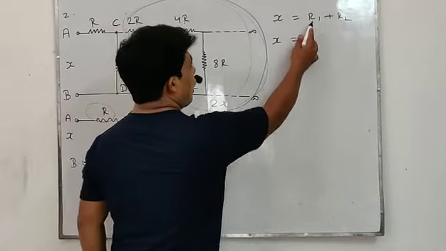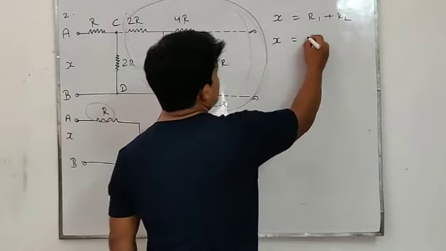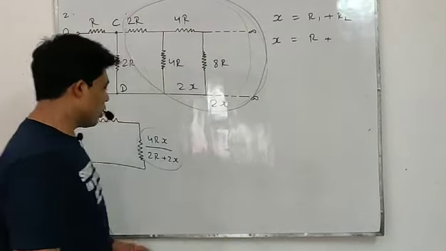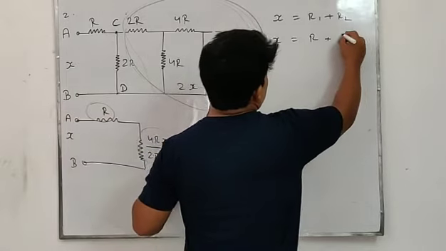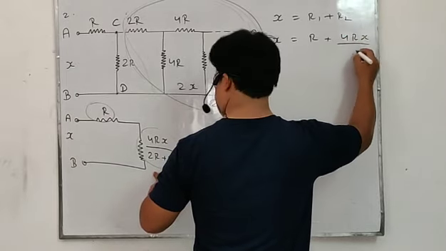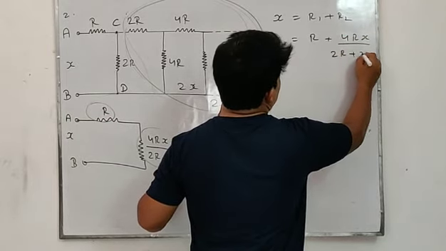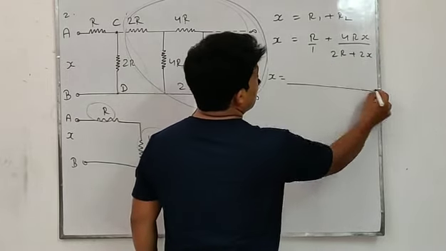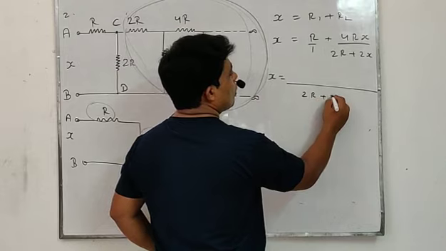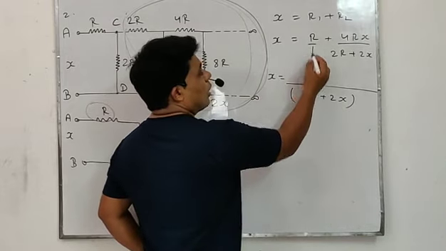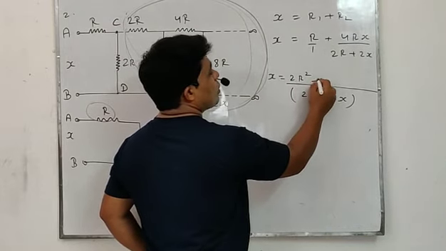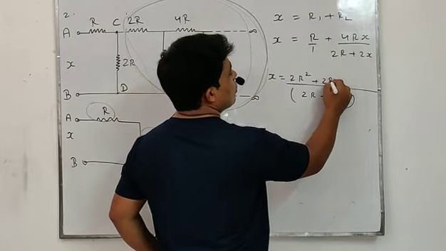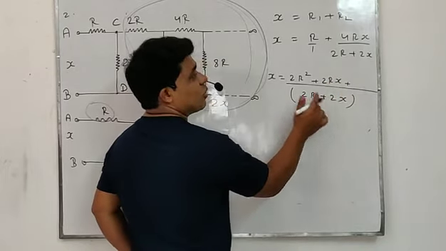Okay. R1 we are having as R, and R2 we are having as this term 4Rx upon 2R plus 2x. On taking LCM, the LCM comes as 2R plus 2x. R into 2R, 2R square, R into 2x, 2Rx. This entire term will cancel out.